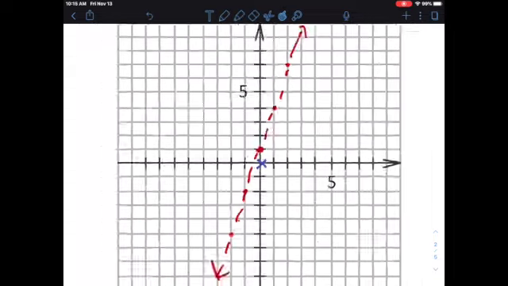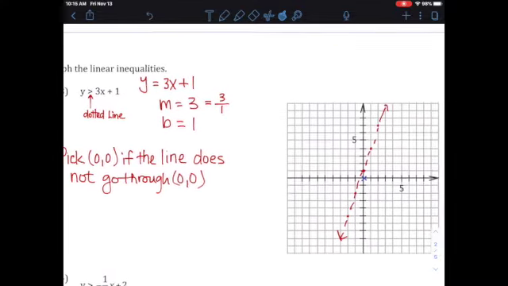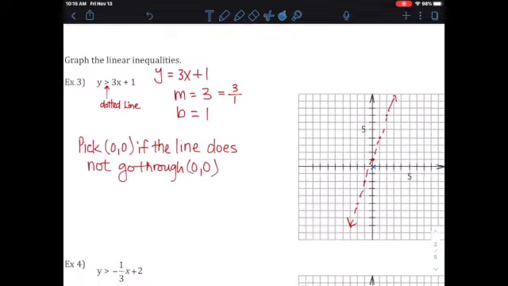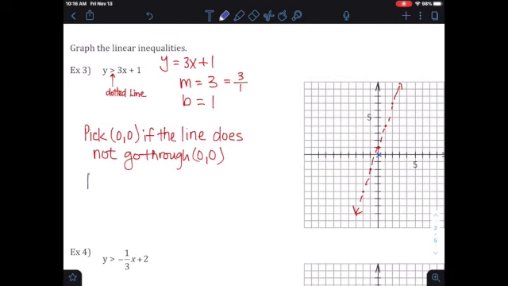Okay, now I'm going to show my work. So if you pick 0, 0, then you plug into the original equation. So in this case, it's y is greater than 3x plus 1.